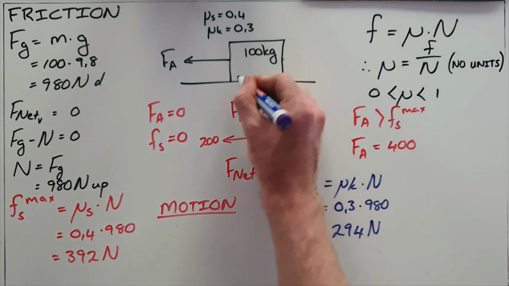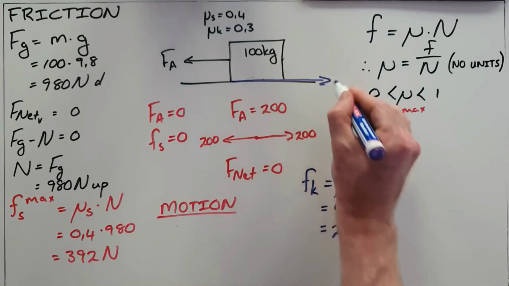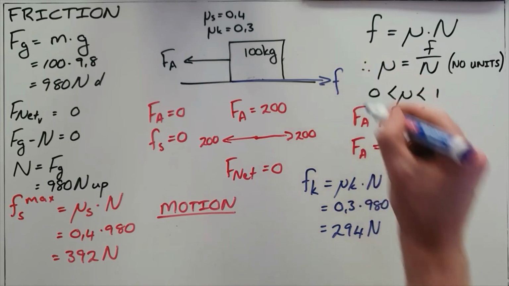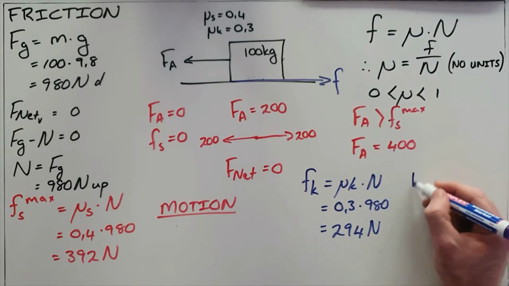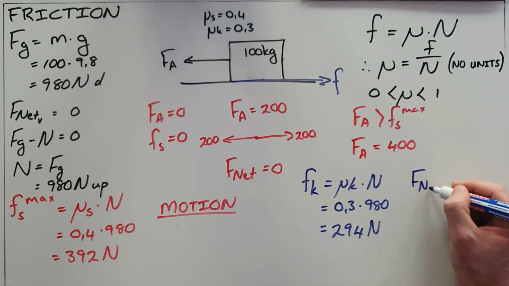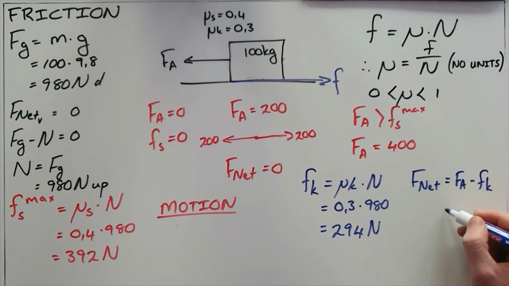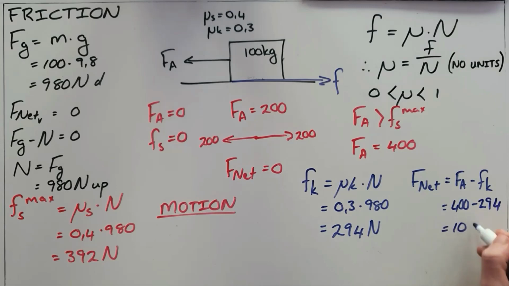We know that this frictional force always opposes motion, acts in the opposite direction, and parallel to the surface. And the final thing that we can see here is that this frictional force does not stop the object from moving, because we have an applied force that is greater than the kinetic friction, which in this case means that this object has a net force acting on it of 106 newtons.